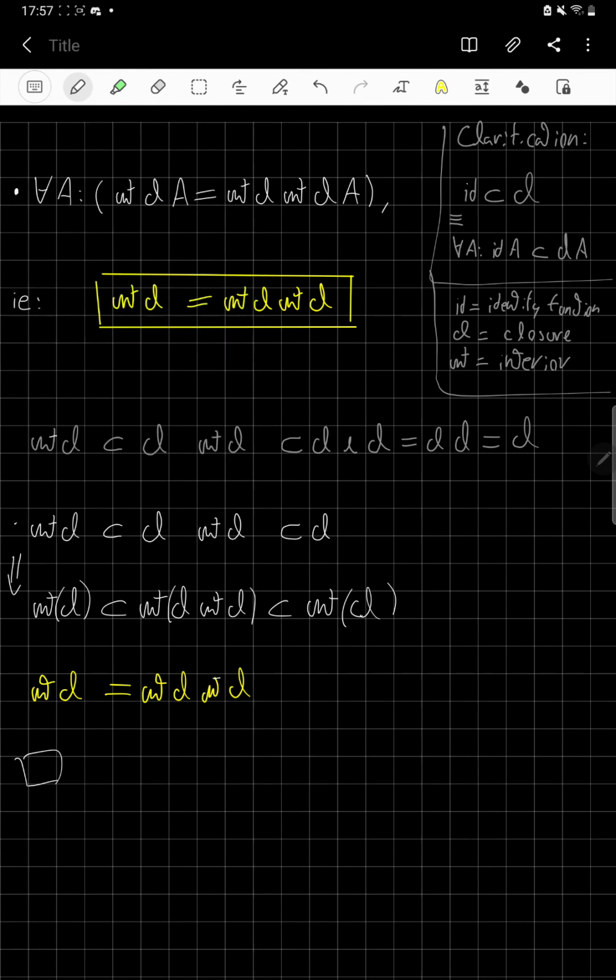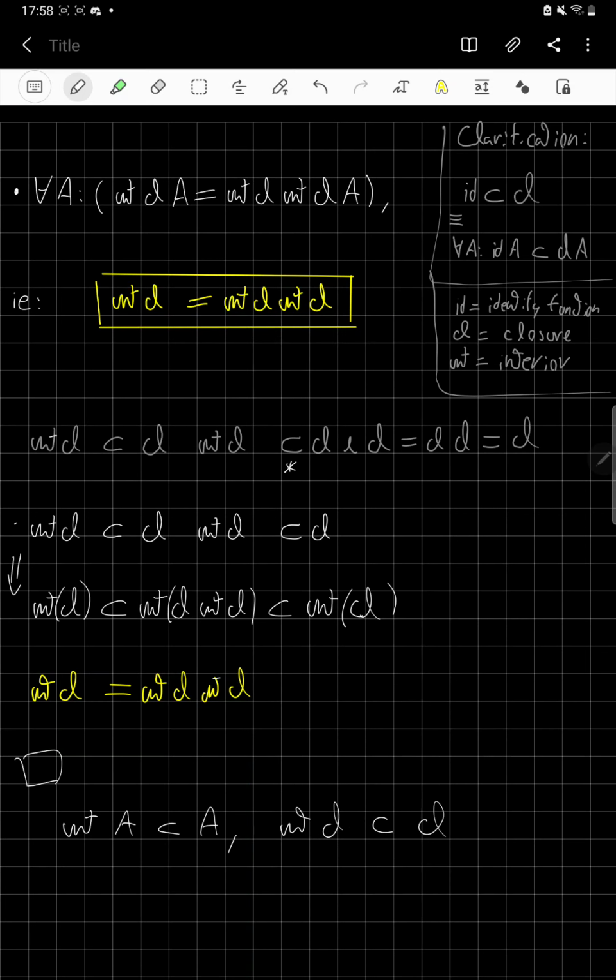If there's any need to clarify, what I just did in this part is nothing complicated. We have that obviously the interior of A is smaller than A. Therefore, the interior of the closure is smaller than the closure.